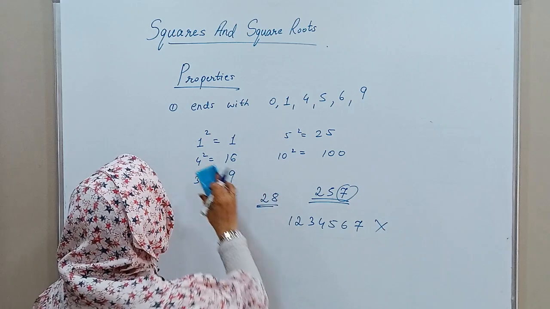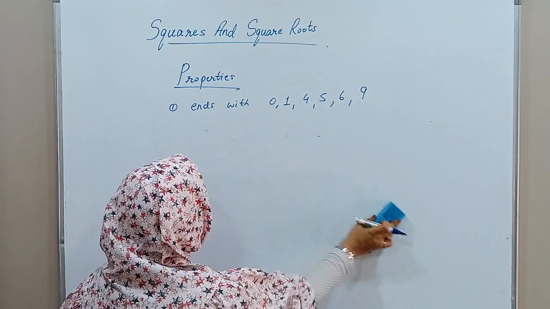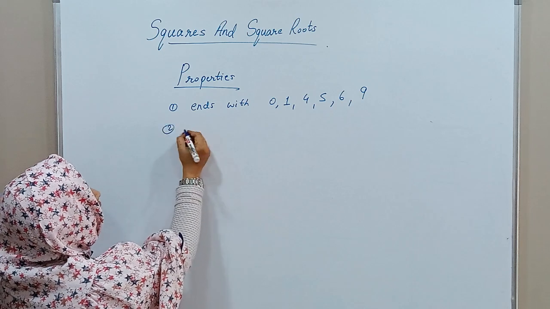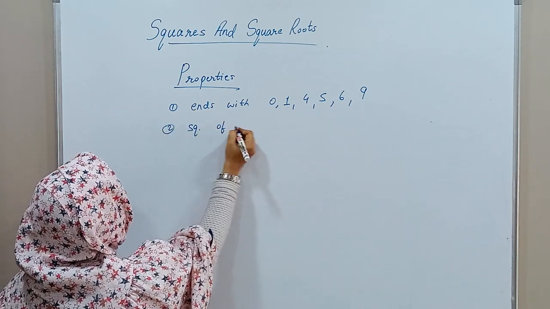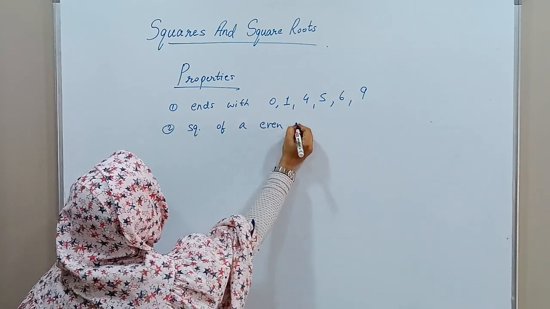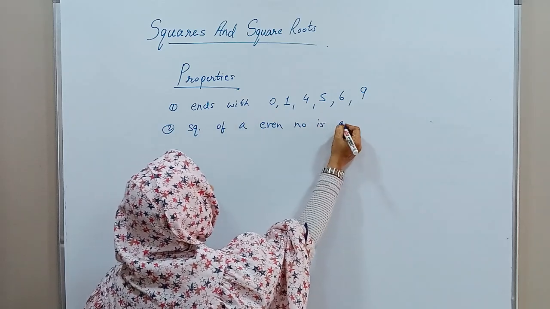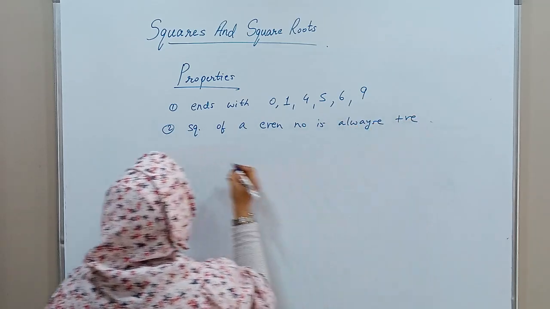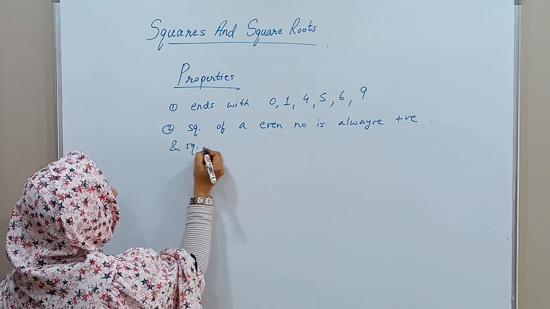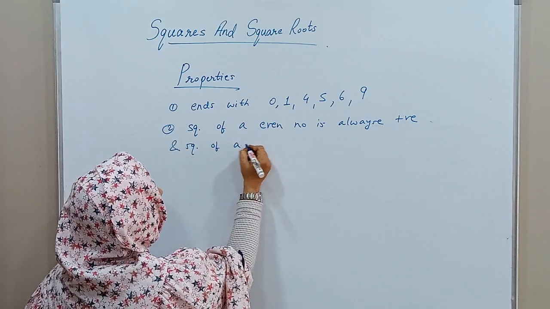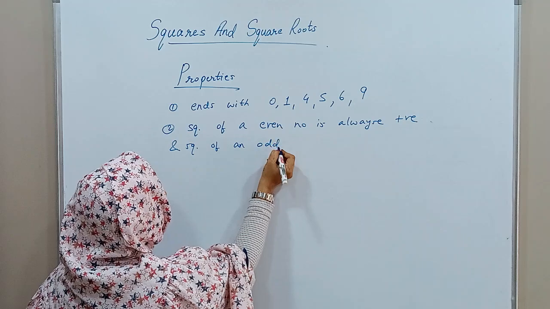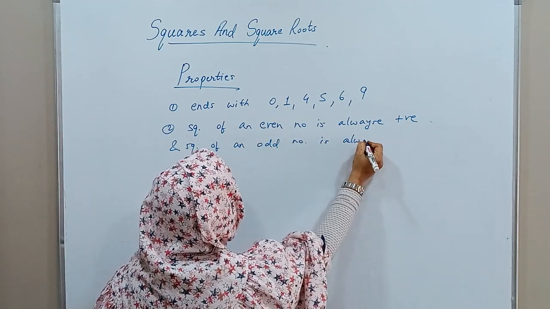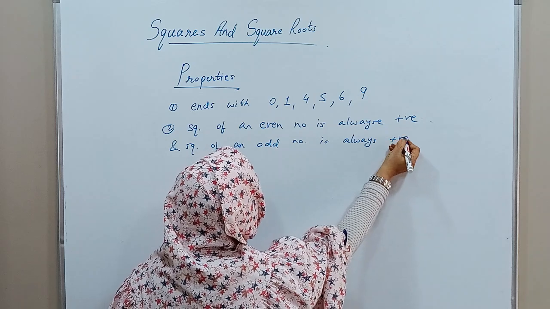The second property says that the square of an even number is always positive, and the square of an odd number is also always positive.